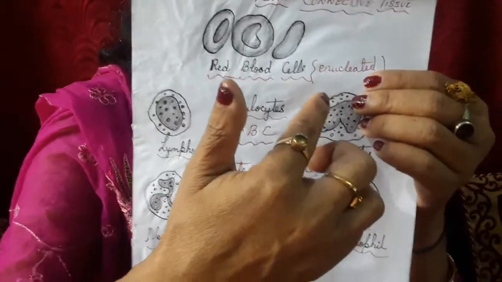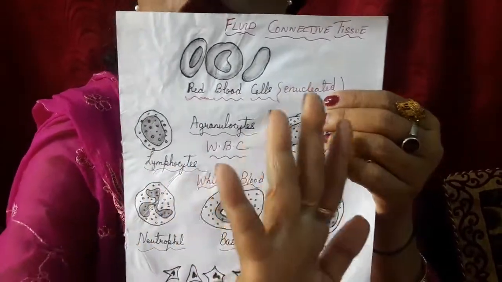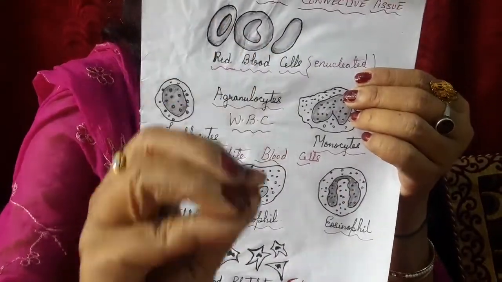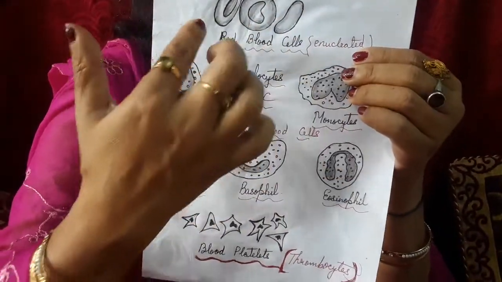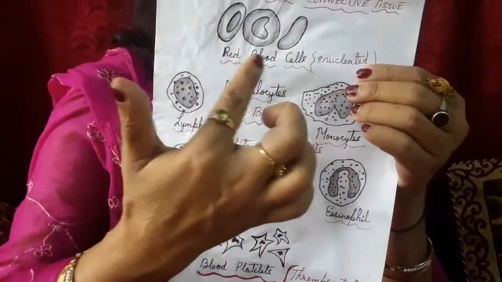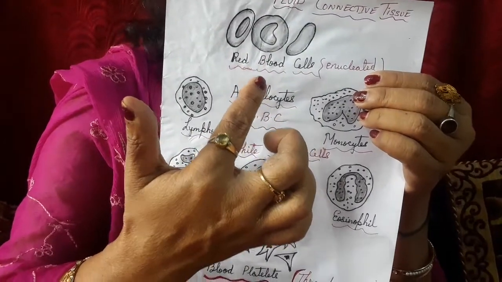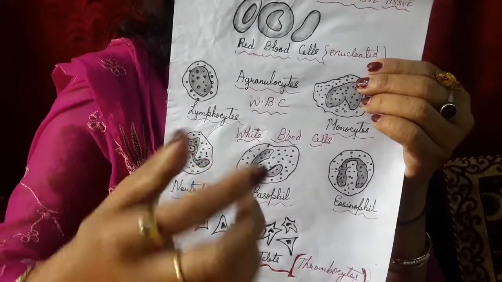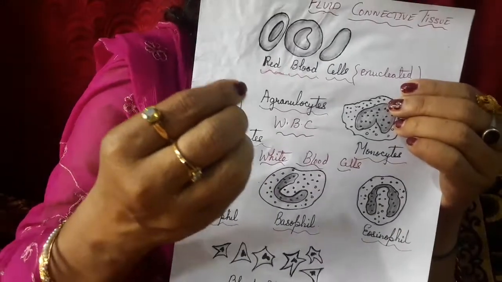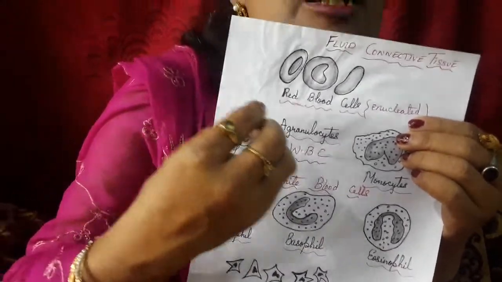That means they do not have any nuclei, no mitochondria, no endoplasmic reticulum. This is to provide ample space because the RBC carries oxygen.